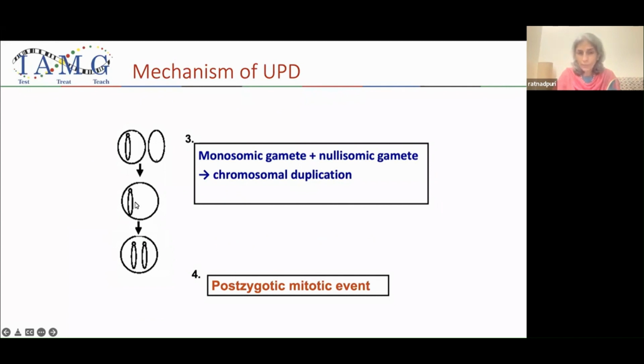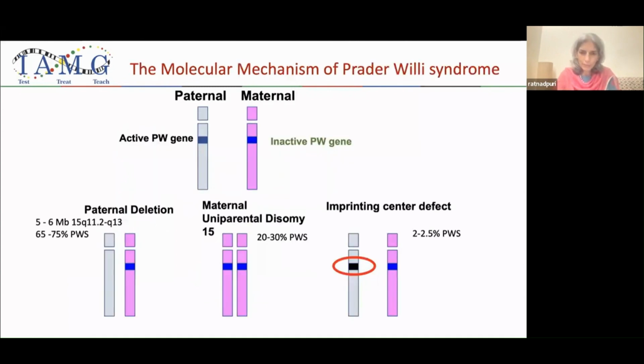This is not compatible, so nature does chromosomal duplication and makes a second copy, which again results in uniparental disomy. The fourth mechanism is post-zygotic: during mitotic cell division, only one chromosome goes and divides, and therefore again there is uniparental disomy. Now, why is it important to know this?